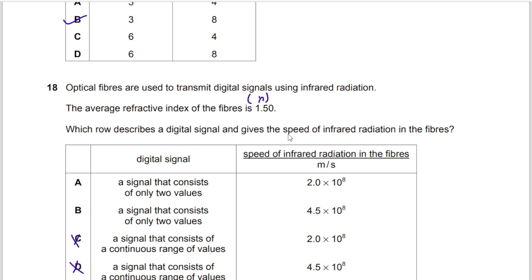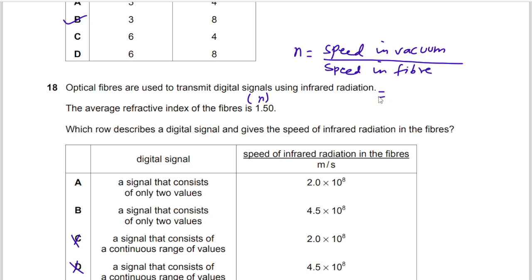Now we have to find the speed of infrared radiation in the fibers. So if we use the formula for refractive index, the formula says n is equal to speed in vacuum over speed in medium. So in this case the medium is fiber, so I'll write fiber.